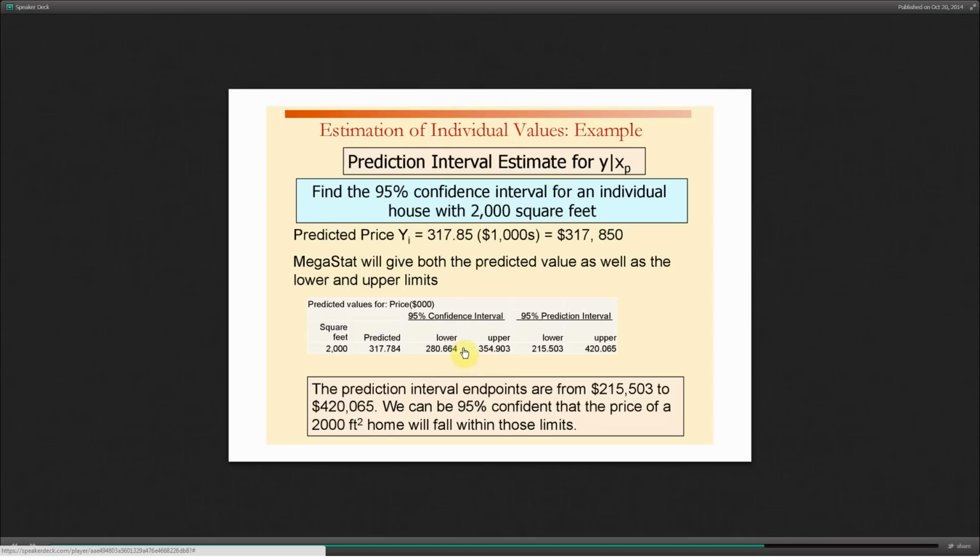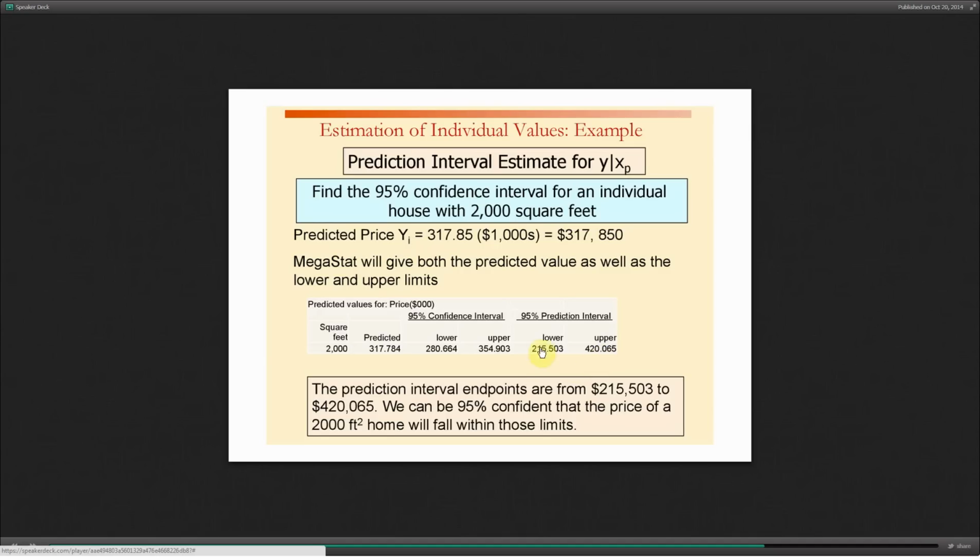Now, that's not that interesting. What I want to know is the predicted value for this particular 2,000, for this particular model, so I use the prediction interval, not this interval here, because that would be on average with lots of different samples. Given the samples that I have, the prediction for this particular value is going to be between 216 and 420,000.